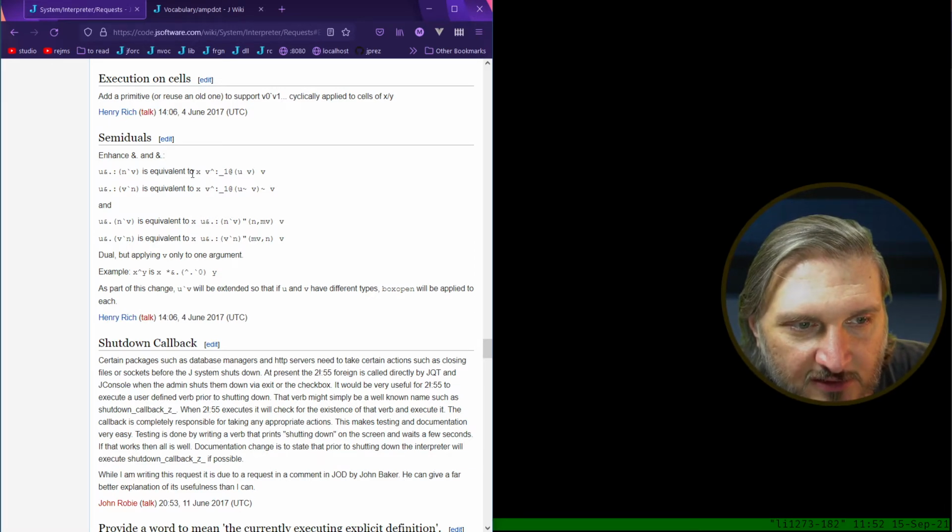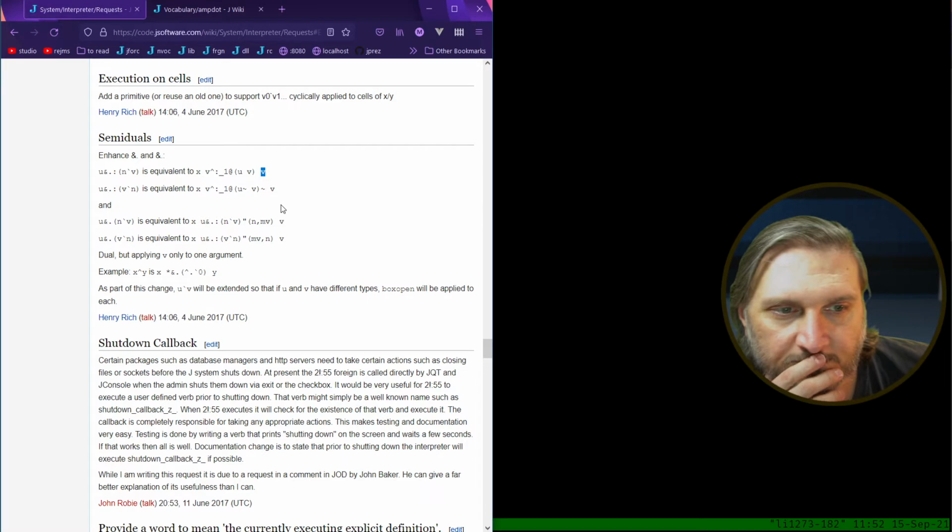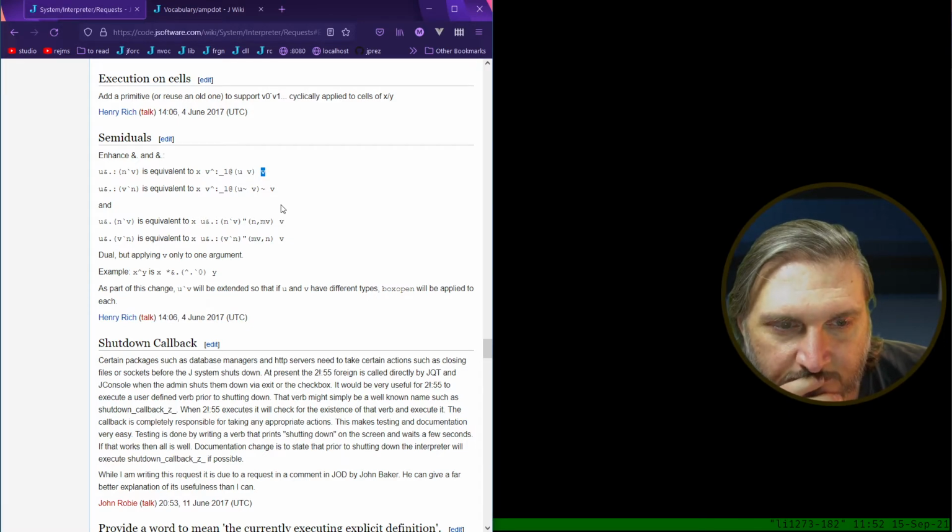So it is a noun. The noun passed to this. So this, you're going to apply x, v, y. So that is the left tongue, and then x by itself. And then those go to this. So the first thing we're going to do is we have a hook.